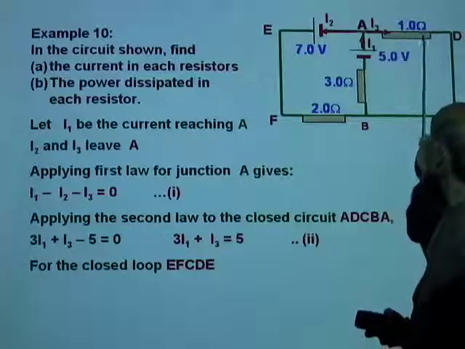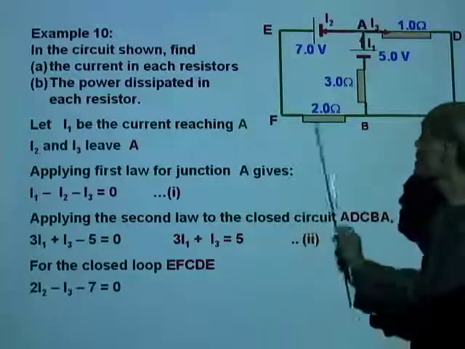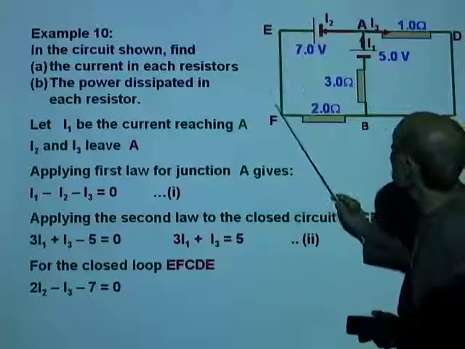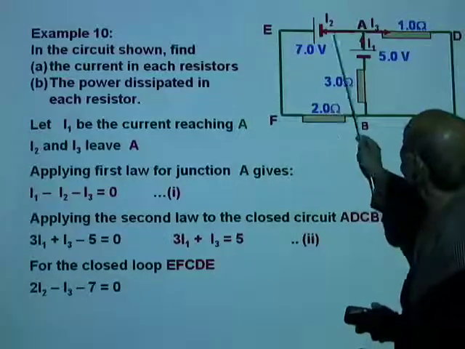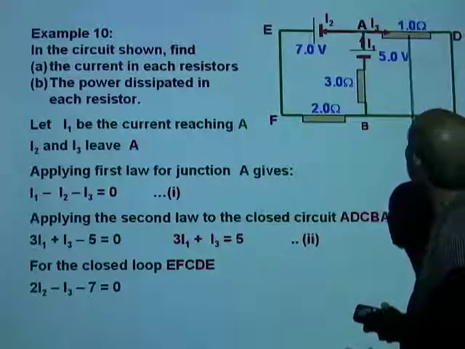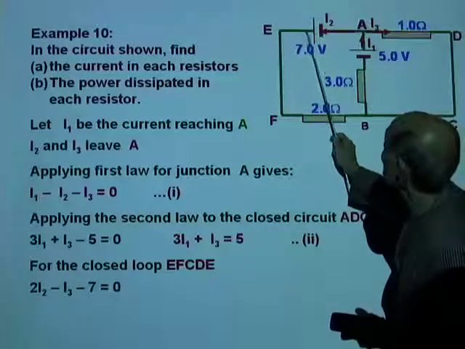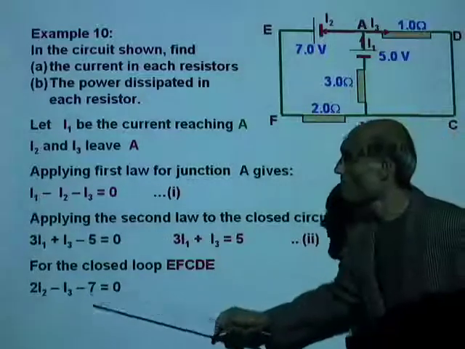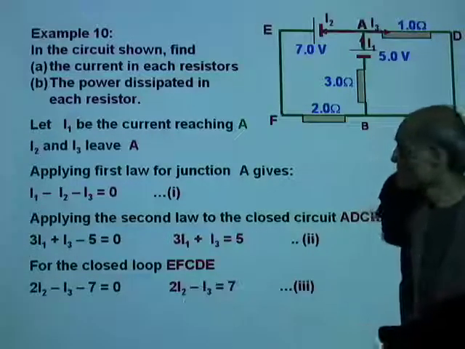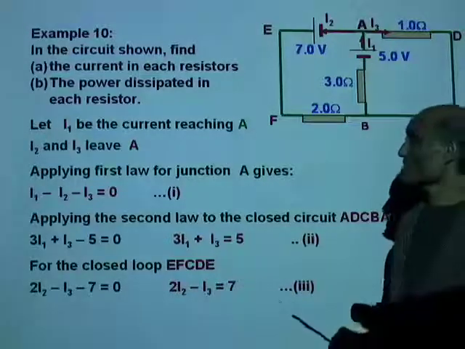Therefore, the potential drop across the 1 ohm is negative. So look at this. 2 I2. I2 comes and goes through the 2 ohm. 2 I2, and watch this, minus 1 I3, and the potential drop across the cell will be negative, minus 7 equal to 0. Rearrange this, you get 2 I2 minus I3 equal to 7.